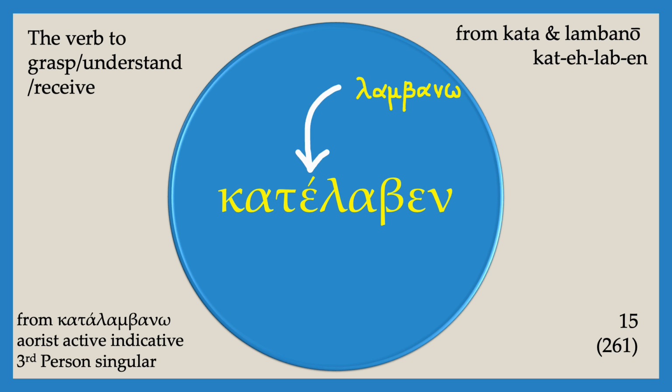Now I've pointed this one out so you can see an example of what happens where you've got a compound word, a preposition, meaning something like towards or alongside or out of or from or above or something like that, goes on before the verb. We get words like that in English as well, but these compounds where you've got prepositions joining verbs in the New Testament are very common.